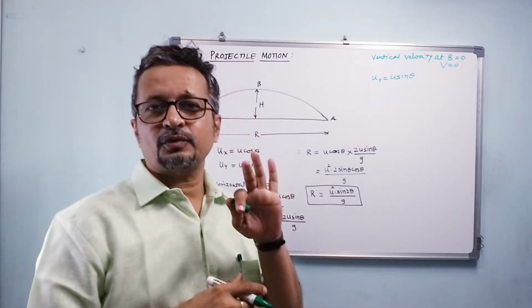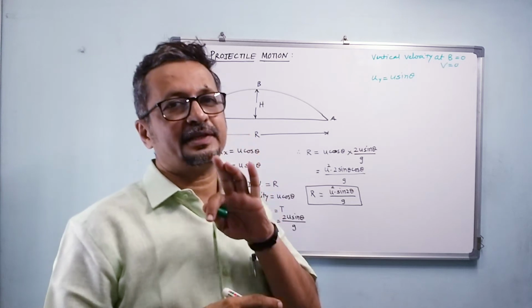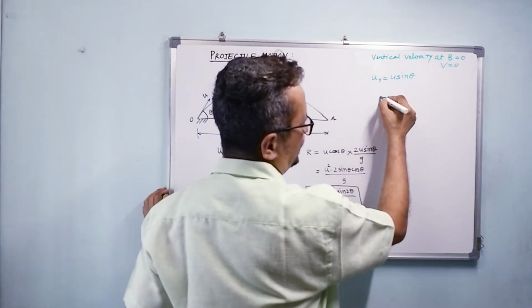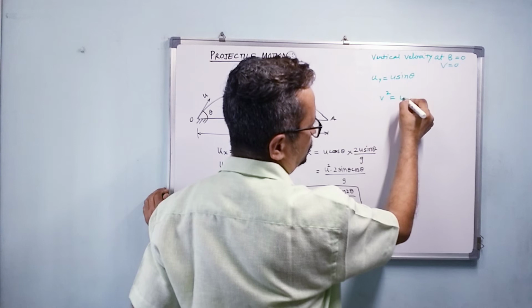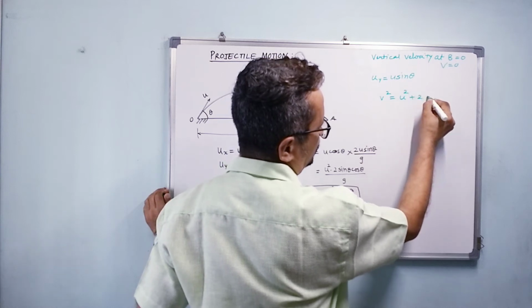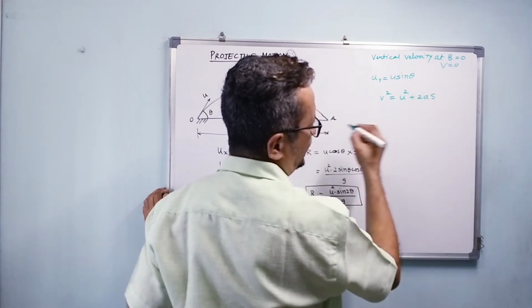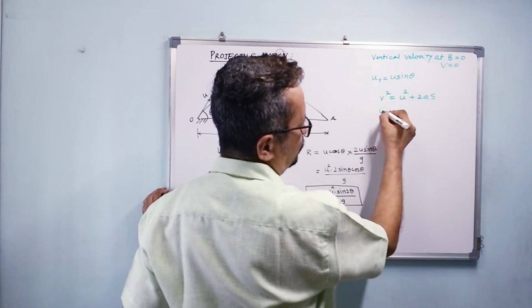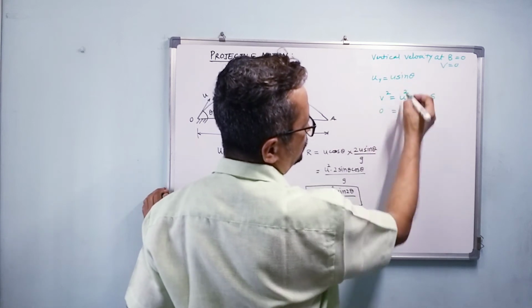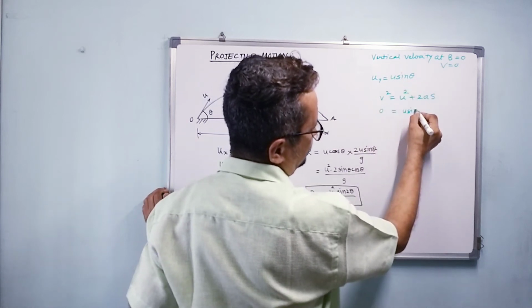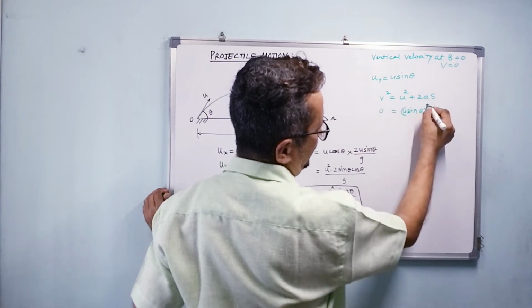Okay, now here I am going to use the third kinematical equation. So v square is equal to u square plus 2as, correct? My v is equal to 0 and u is what? u sin theta, square of that.